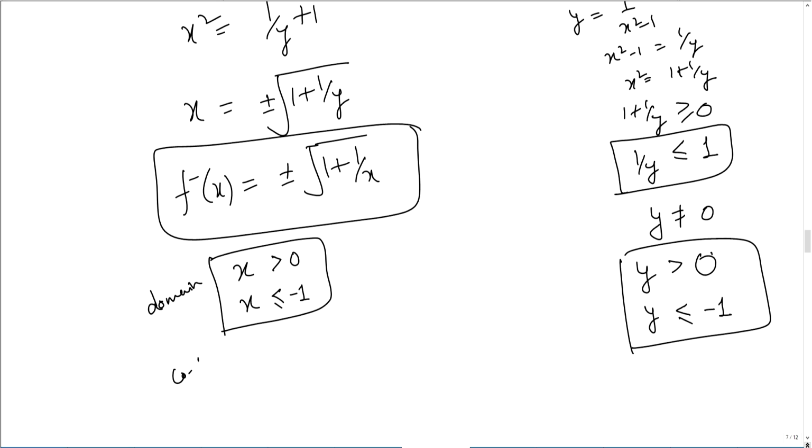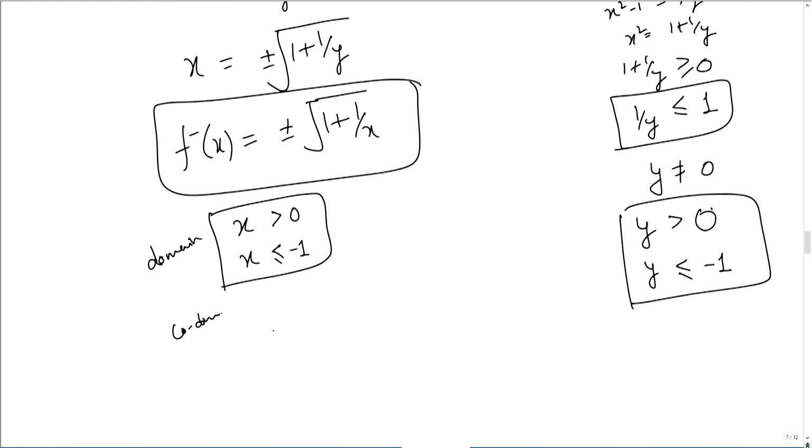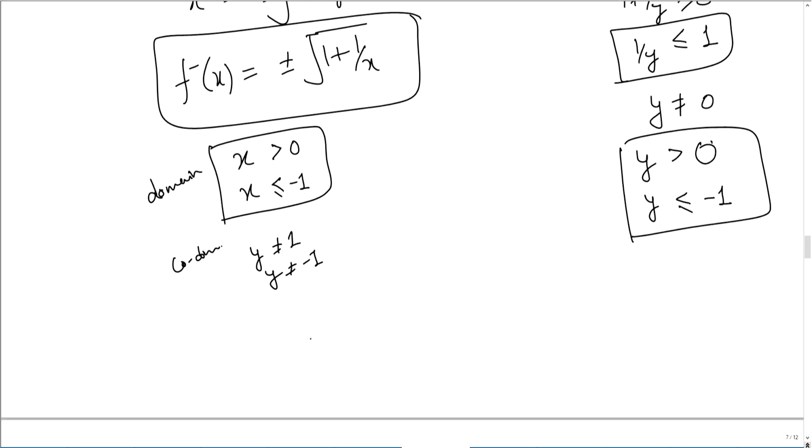And what would be the codomain? We already saw the codomain here, which is that x can't be equal to 1 or minus 1. So in this case, y cannot be equal to 1, y cannot be equal to minus 1.